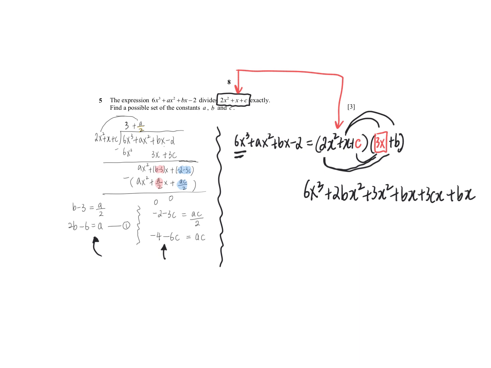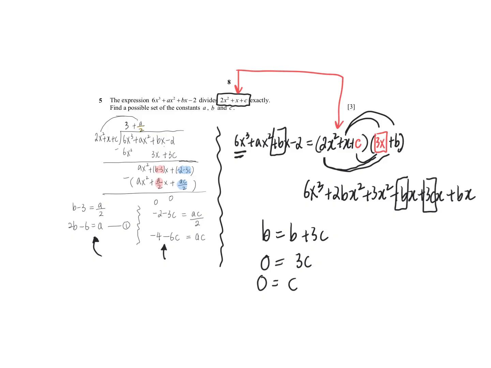So you pick and choose and you compare. So what you can see very clearly is that this thing, B, it's B plus 3C. Okay? So when you look at it, B is B plus 3C means 3C must be 0. So C is 0. Yes?